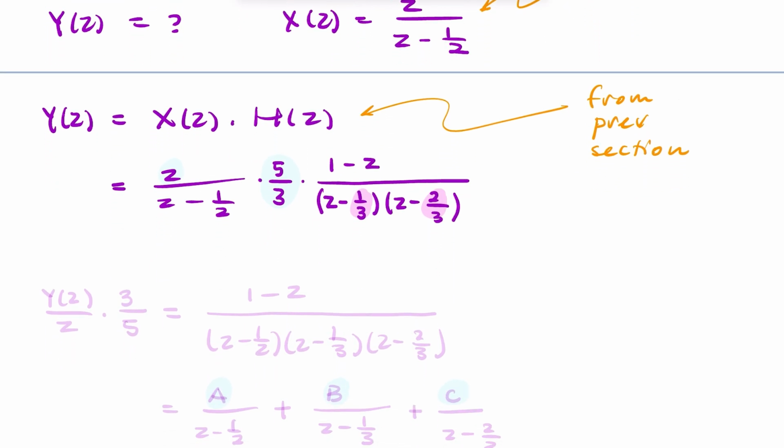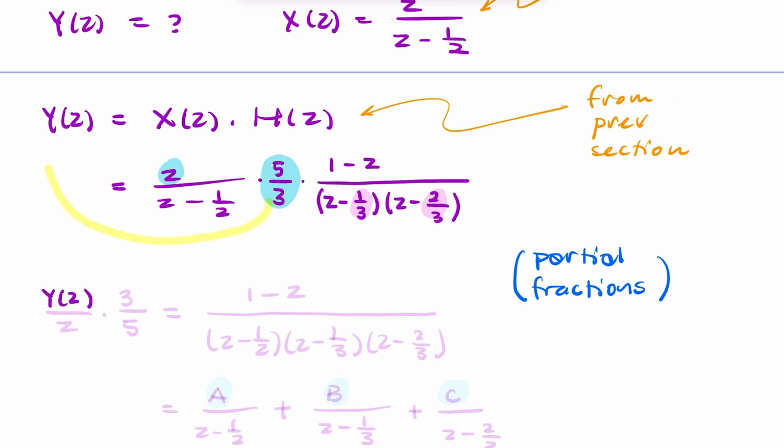But this time, the 1 minus z doesn't seem to cancel. So we're going to need partial fractions again. But let me get rid of 5 over 3 and the z, just to make it easier to work with the fractions.